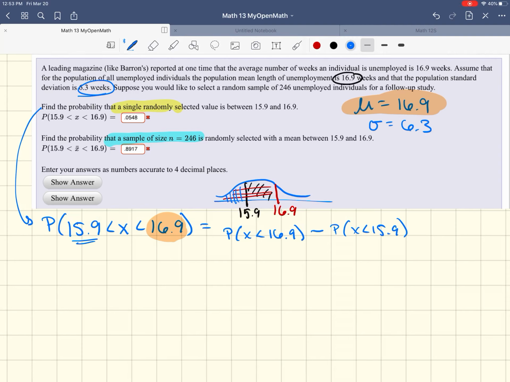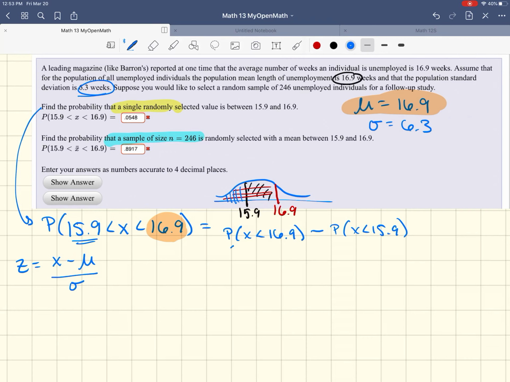Since we're dealing with a single randomly selected value, when we find our critical z values, we're going to use the formula x minus the mean over the standard deviation of the whole population.